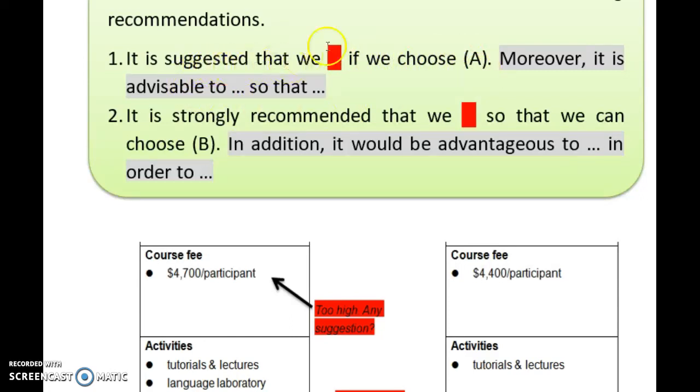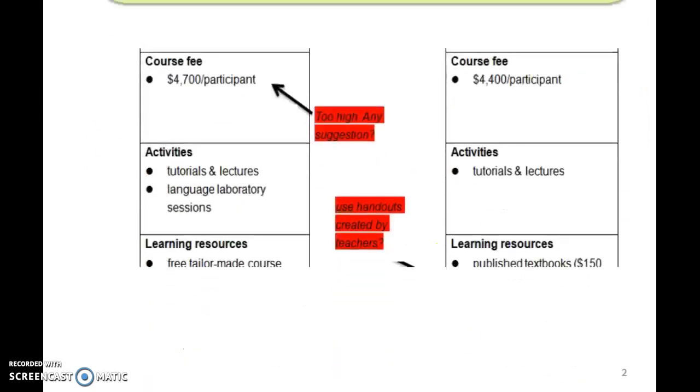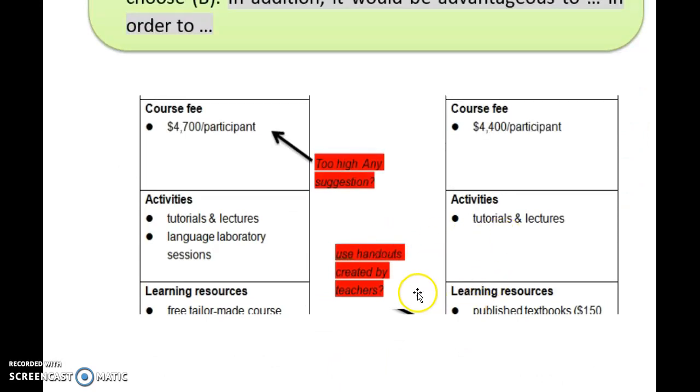It is suggested that, so you think about it, you think of a recommendation. So if it is too high, you can say ask for a discount, or request a discount. And how about for B? What is the recommendation of solving the issue of B? Oh, it is given to you.